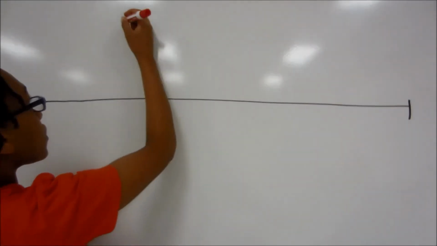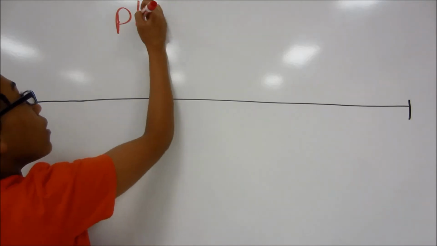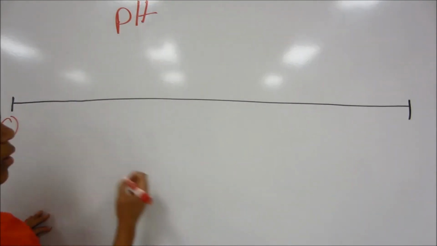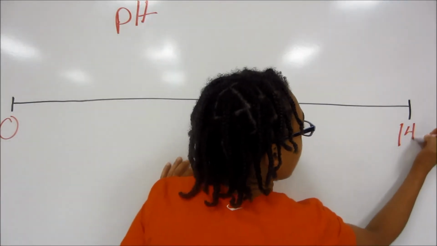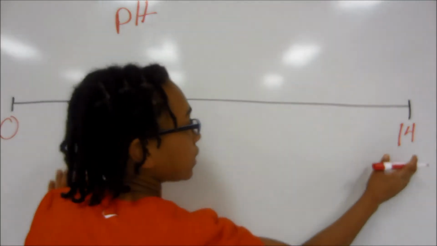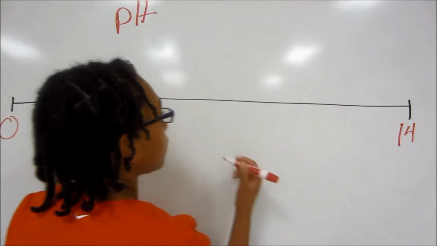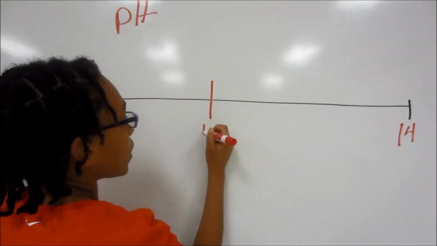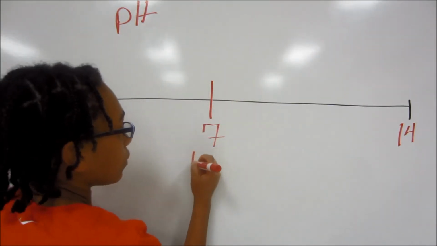Okay, so the pH scale ranges from 0 to 14. 0 is the most acidic and 14 is the most basic. In the middle, you have 7, which is neutral.